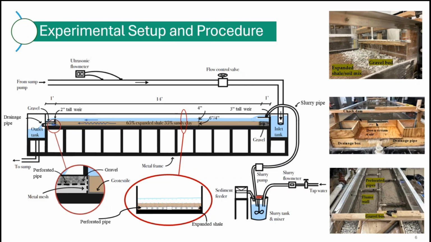On the bottom of the flume, we see a brown area. This is the filtration medium, which includes expanded shale and sandy clay material, 65% shale, 35% sandy clay soil.